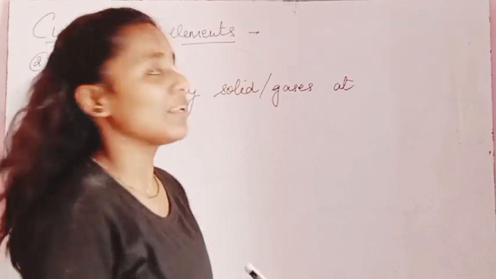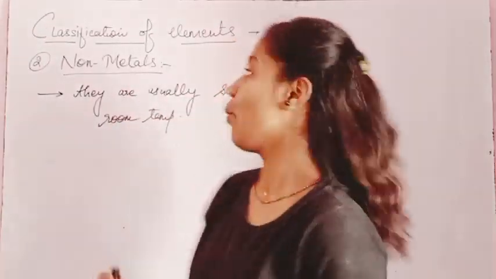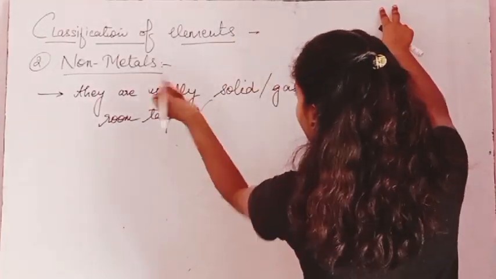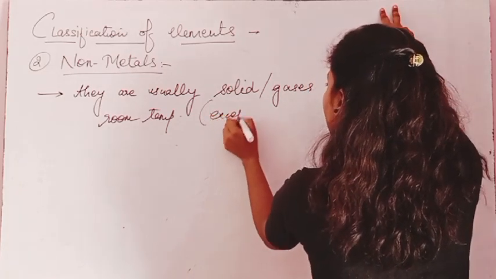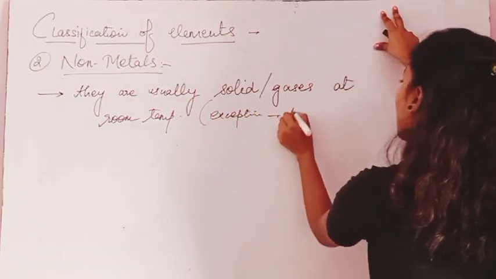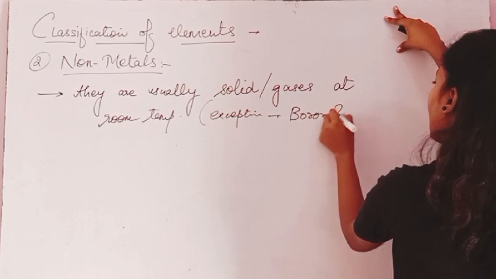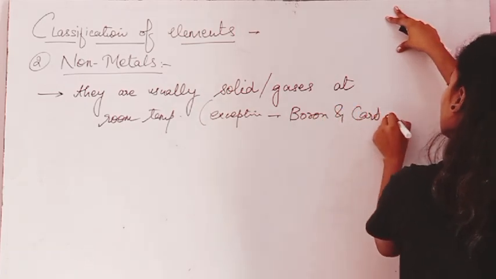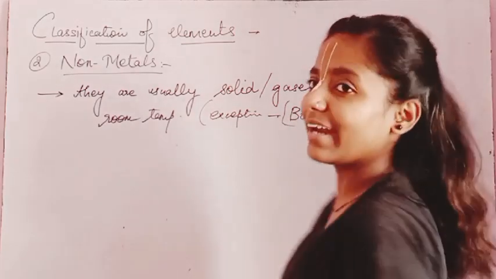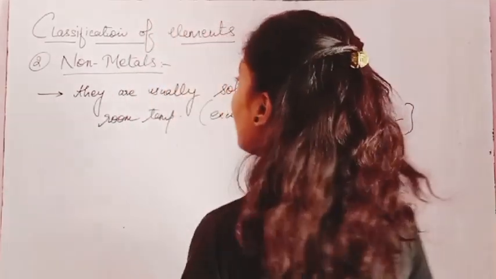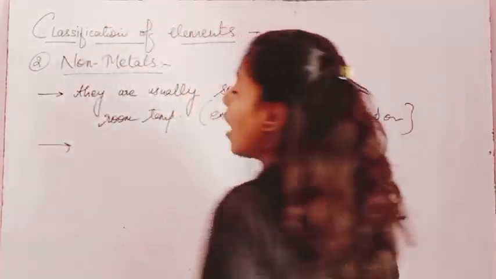I like that you were writing in the comment below and you know what is the exception in the non-metal. That is no more than boron and carbon. Clear it out? Good. Now let's talk about the second point for your non-metals.